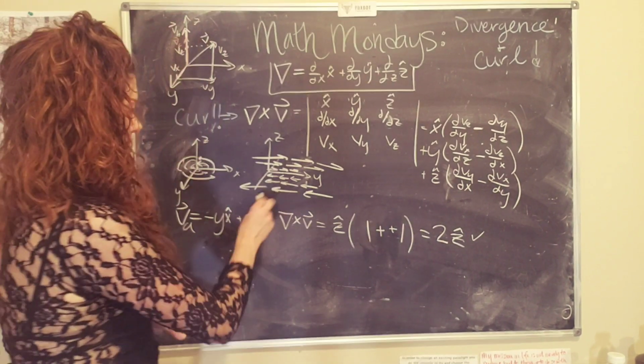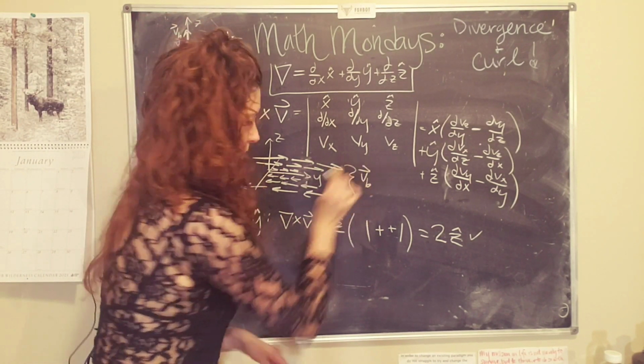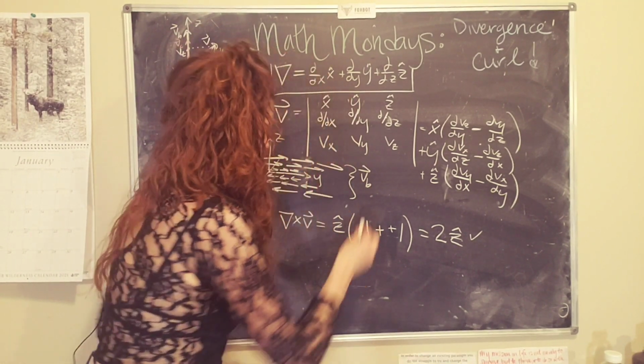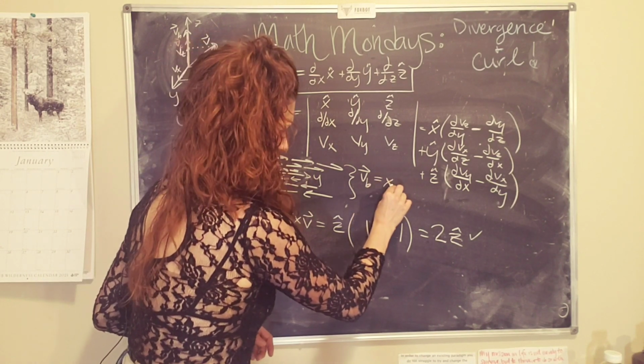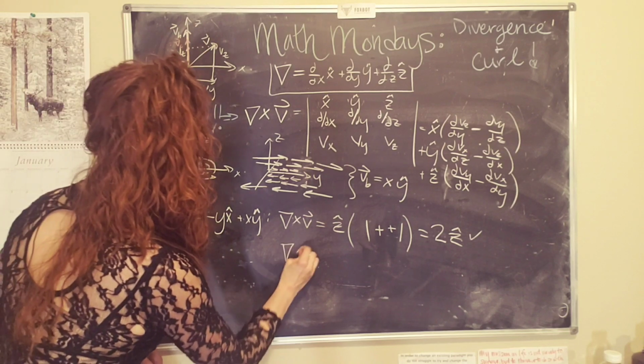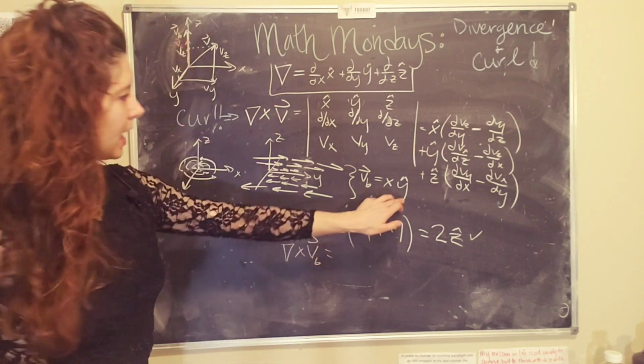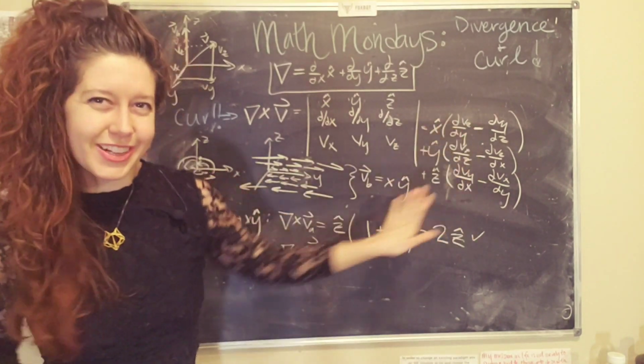Now let's do this one, and let's say that this is represented by a vector b, where we're going to say that this is x y hat, and now we do the curl of v_b. Again, a lot of these things are going to go to 0.